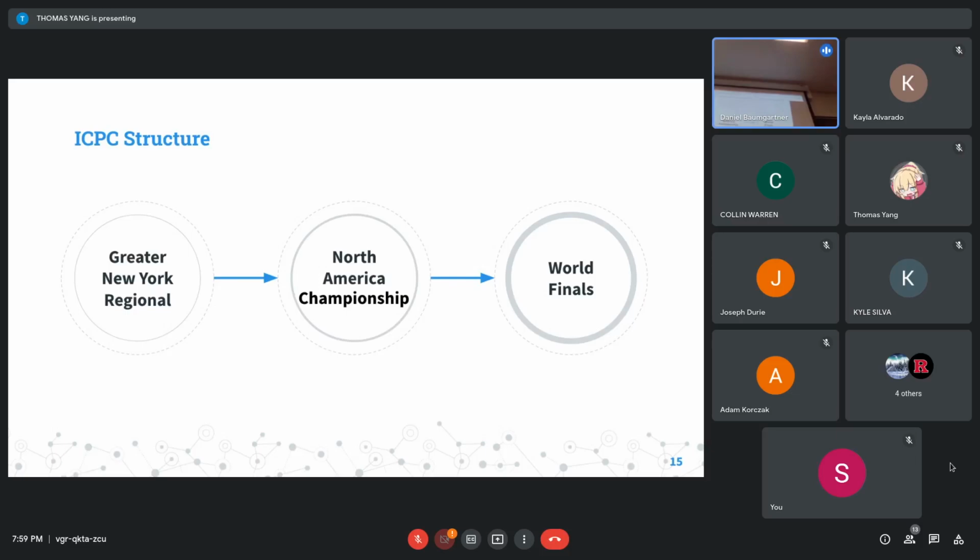Okay, here's the structure of the ICPC. Basically, there's a regional. We are in the Greater New York regional. It is a fairly difficult regional, one of the hardest in North America. Now, if Rutgers performs well enough, the top team progresses to the North America Championship, which includes all of the United States and Canada and some other locations.